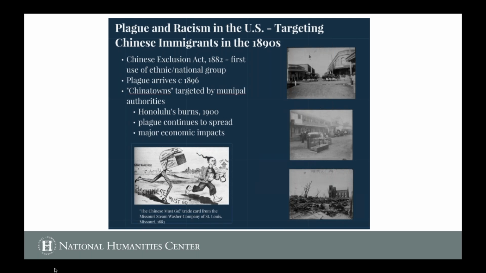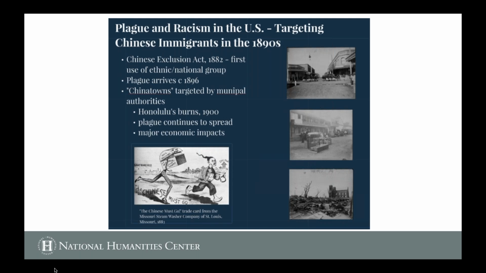With anti-Chinese racism there are strong echoes to present-day conversations about Chinatowns as foci of illness, with a visible line back to ideas about the threat Chinese workers posed to American workers in the 1880s, and the legalization of discrimination against Chinese immigrants in the Chinese Exclusion Act in 1882.